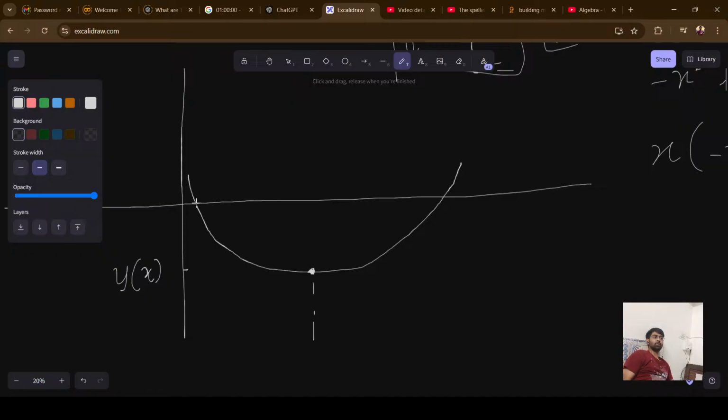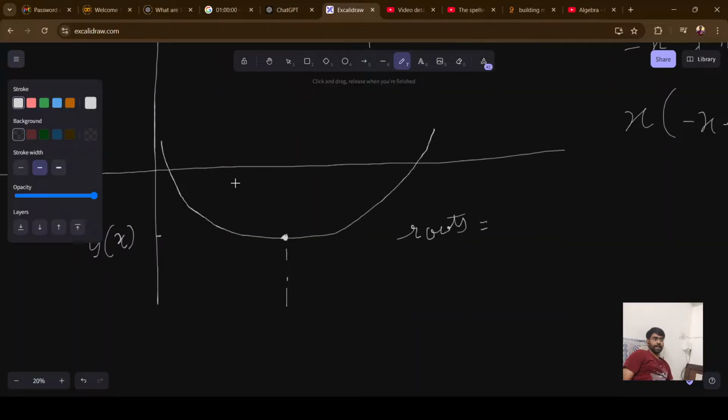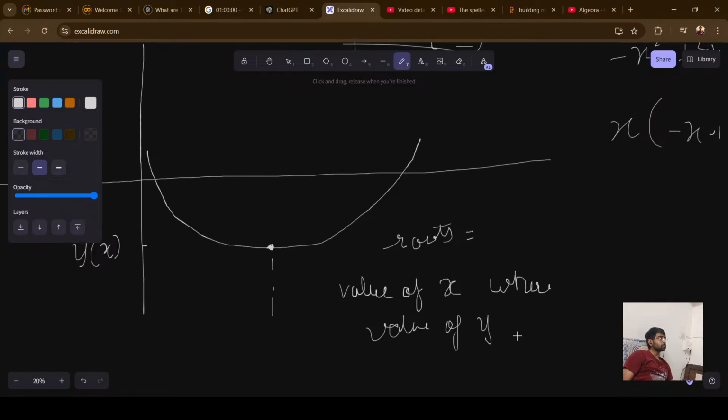Okay, so there you have to calculate the roots of this quadratic equation, and by doing so you are indirectly calculating the value of x where the value of y of x equals to 0.